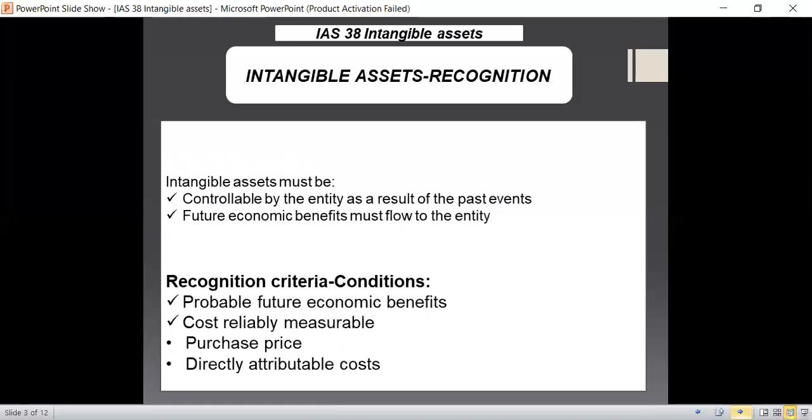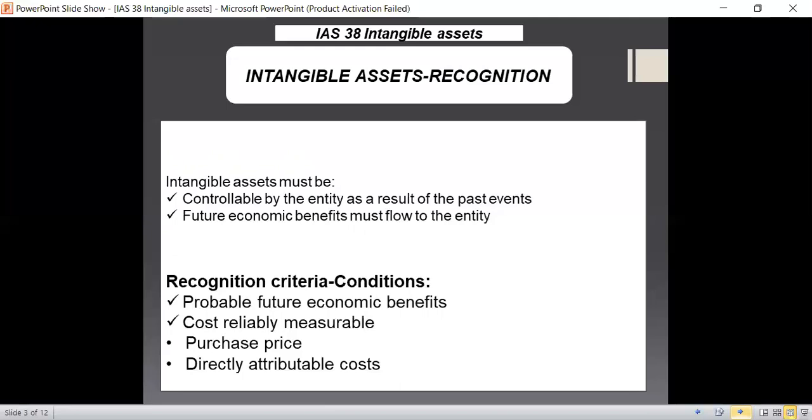Number one, it is probable that the future economic benefits attributable to the asset will flow to the entity. And number two, the cost of the asset must be reliably measurable. If these two conditions are not met, then we are not allowed to recognize intangible assets in our books of accounts.